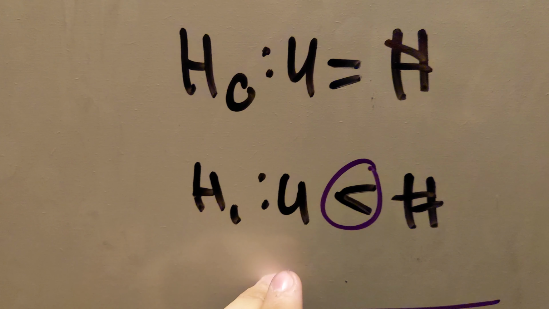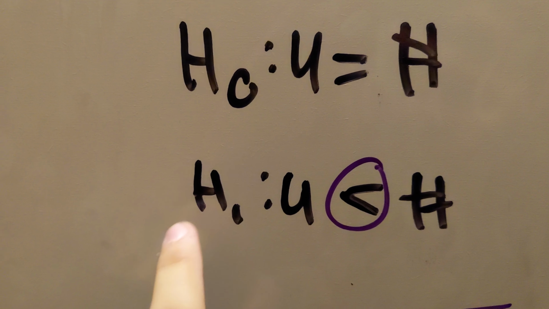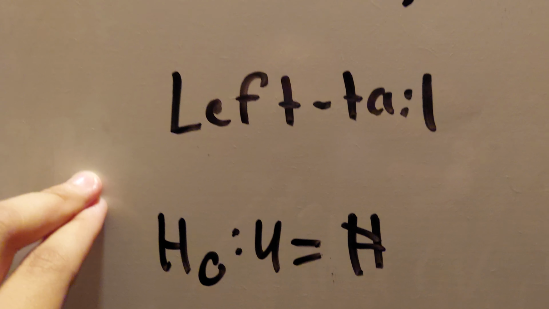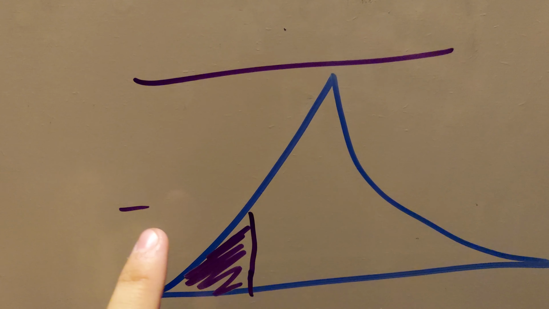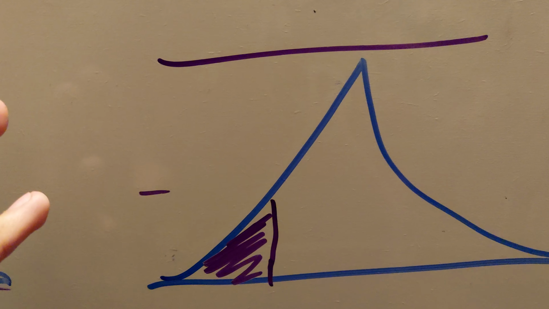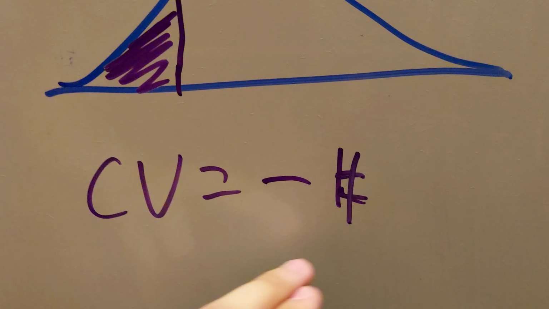So whenever the less than symbol is in the H1 or alternative hypothesis formula, we know we're going to be dealing with a left tail. So how does that look? Left tail is only going to be occupying the left side over here, the negative side. And again, using it in a critical value way, the critical value would be a negative number.